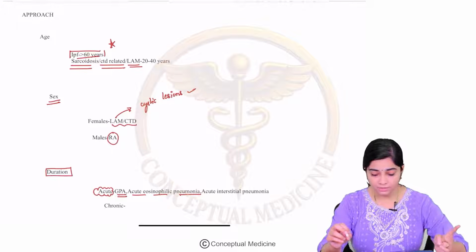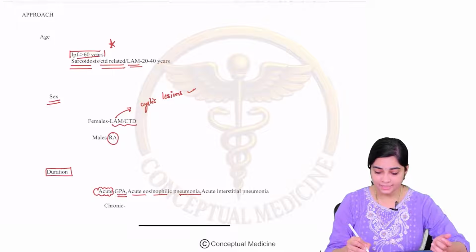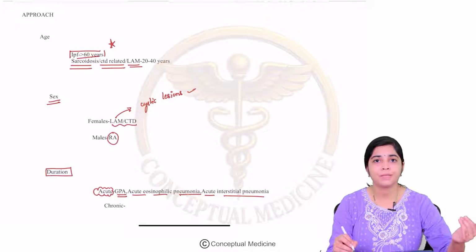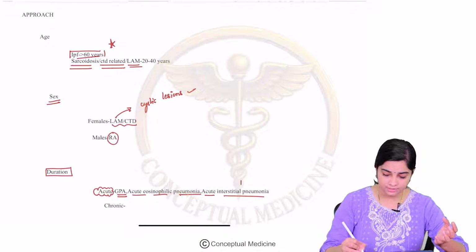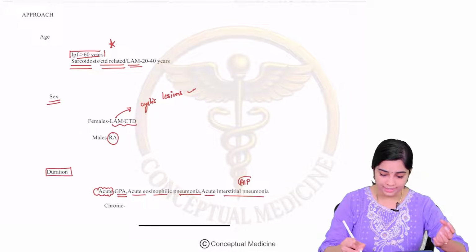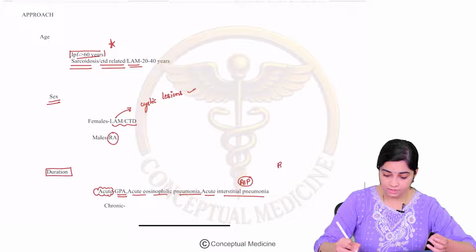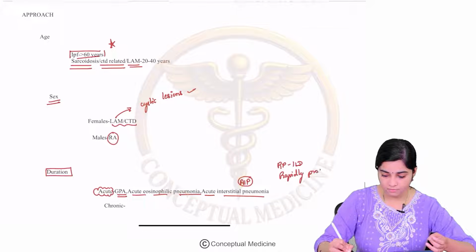So this is your acute eosinophilic pneumonia, and another acute onset ILD which is basically a subtype of IPF, that is your acute interstitial pneumonia or your AIP. Another very important acute onset ILD is your RP-ILD, which is rapidly progressive ILD, which is seen in MDA5 associated antibody.